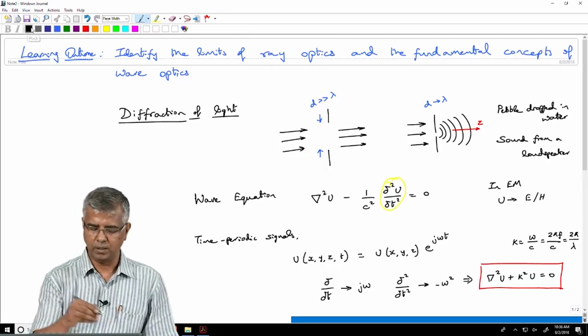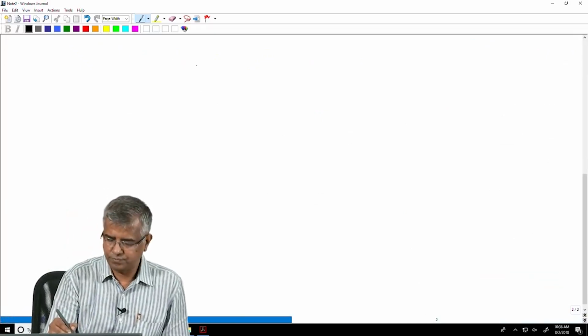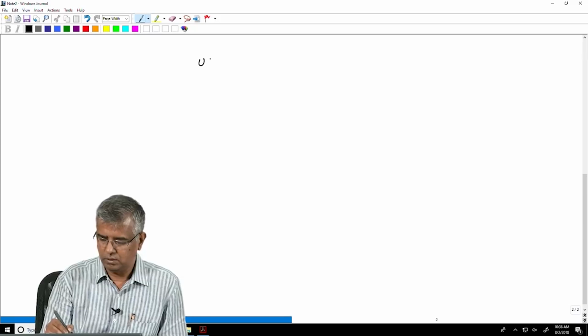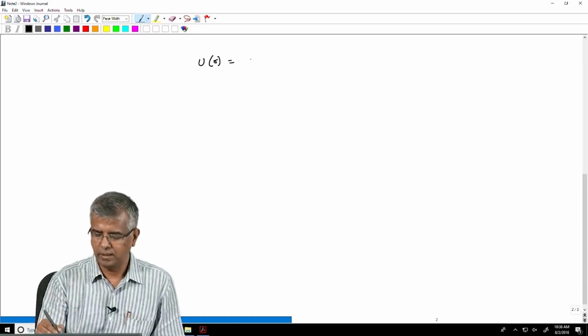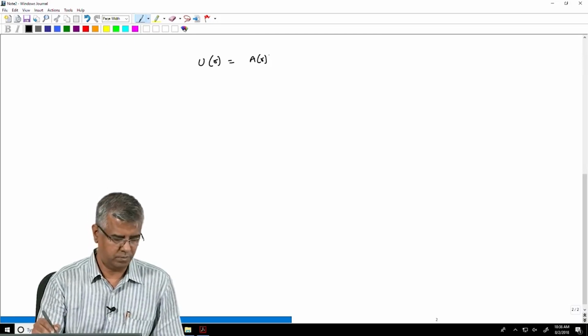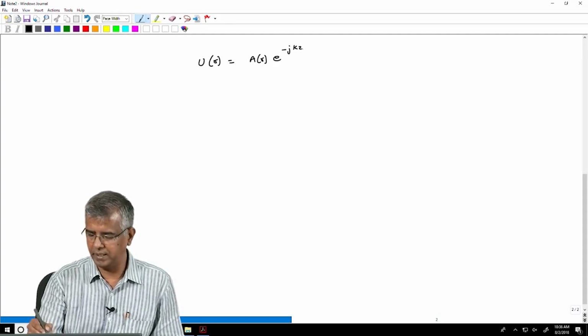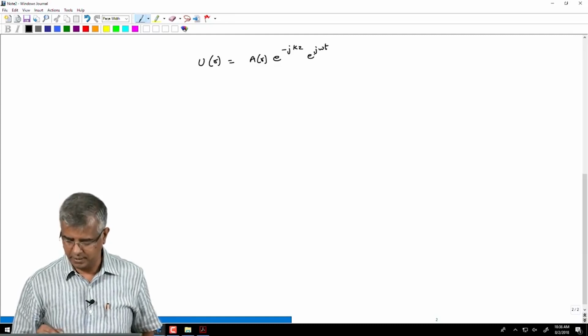Then the solution of this can be written as u of r, where r can be any radial parameter, is given by a of r multiplied by e power minus j k z e power j omega t, okay. So, how do I get minus j k z?